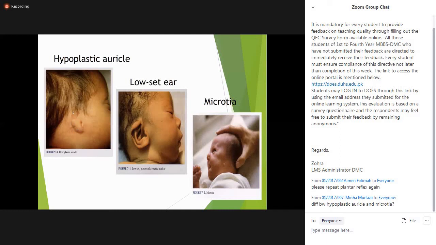But in case of microtia, there is no auricle, just the meatus. You can see just the meatus is there. So this is microtia, in which the auricle is not there. But in hypoplastic auricle, the ear canal is visible, but the auricle is malformed and very small. So this is hypoplastic auricle, this is not microtia. In case of microtia, the auricle is absent, just the meatal canal is there.